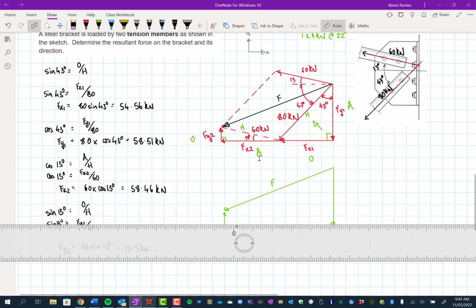So we've got Fy1, so let's just go through. Fx1 is negative, so that should be negative, that should be negative, that should be negative. Fy1 is also negative.